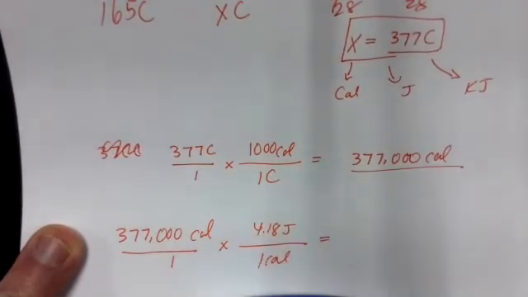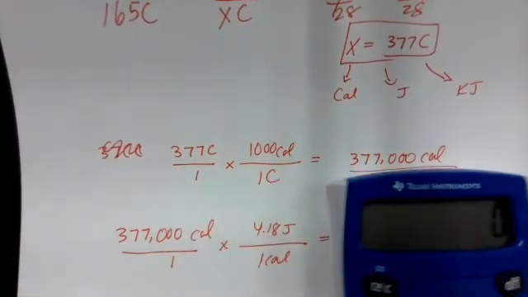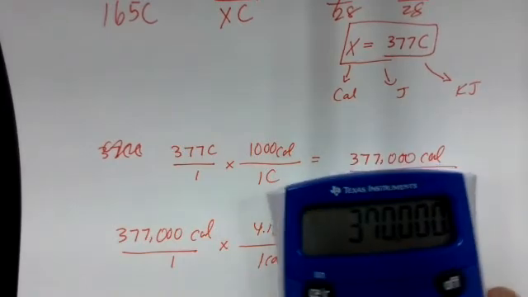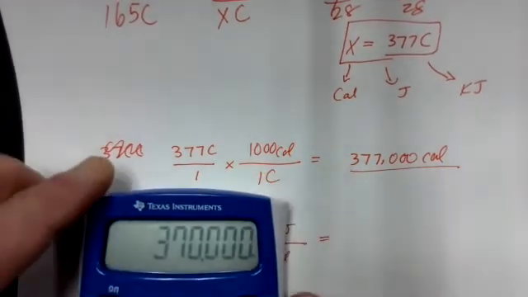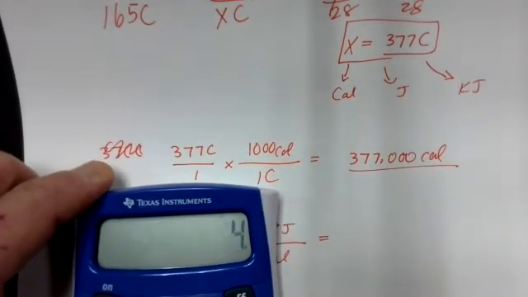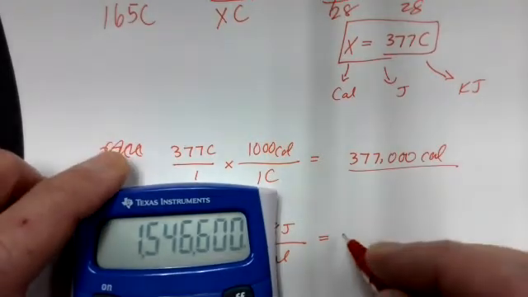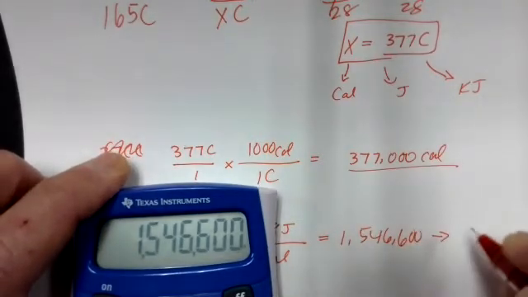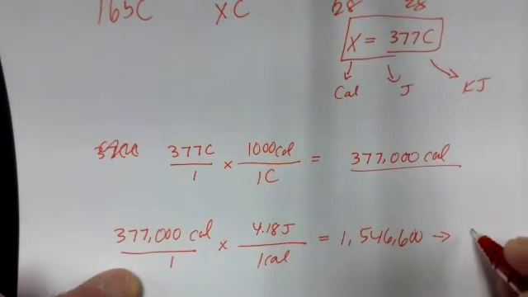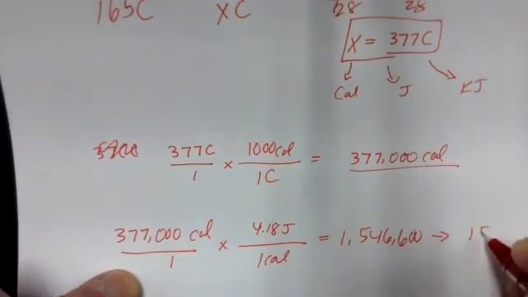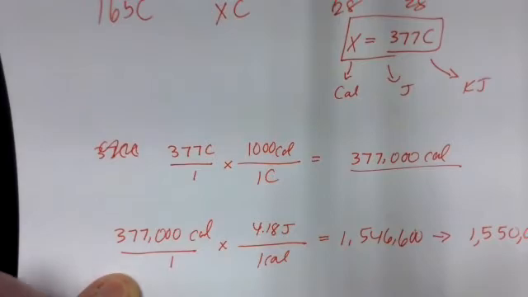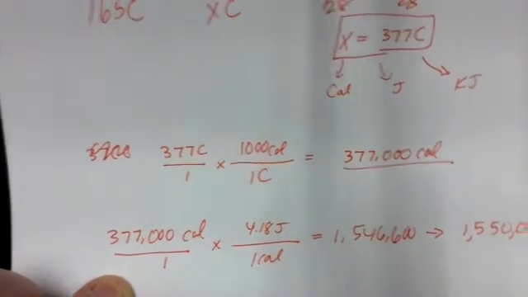This I can't do in my head. 377,000 times 4.18. And that equals a lot. 1,546,600. And we're going to round this to 3 significant figures, so it's going to be 1,550,000 joules.